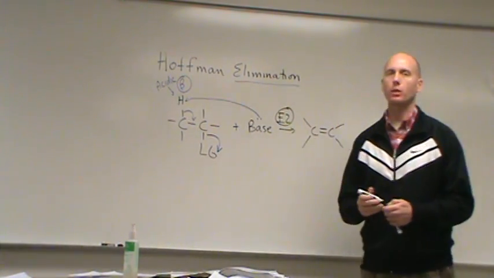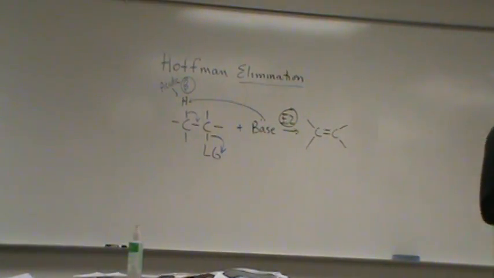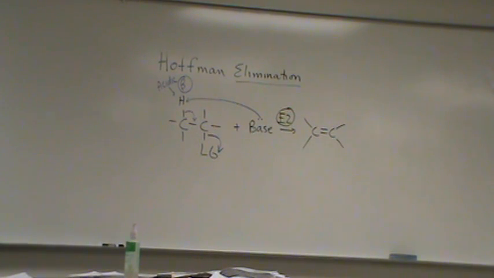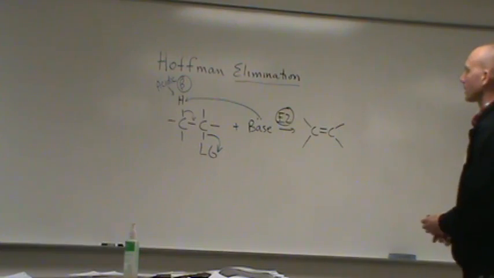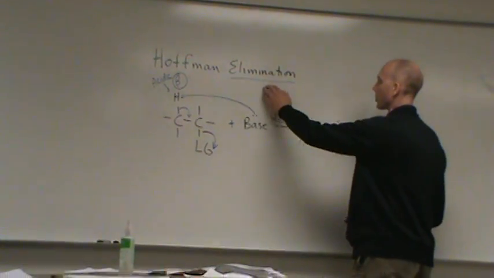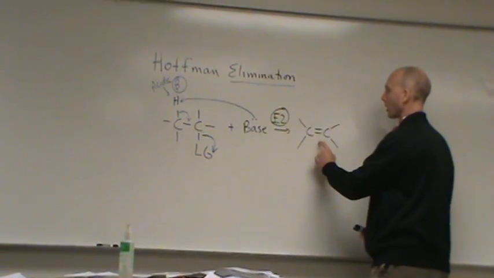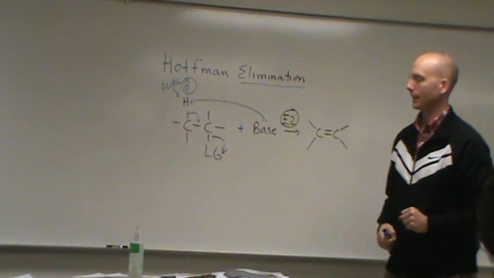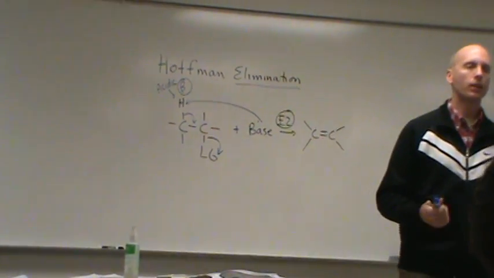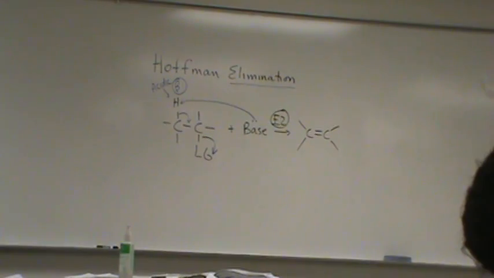This particular mechanism, you might recall, was the E2 mechanism, where everything happened at once. So in elimination, we form a carbon-carbon double bond, or an alkene. This is what we're going to look at today.